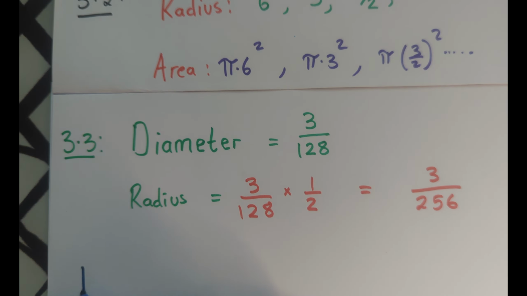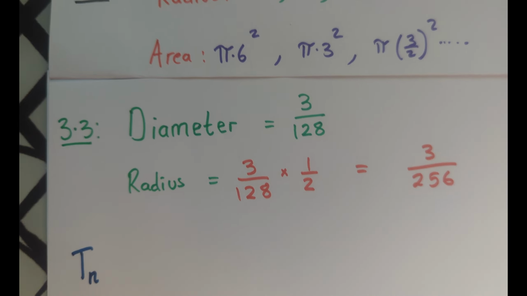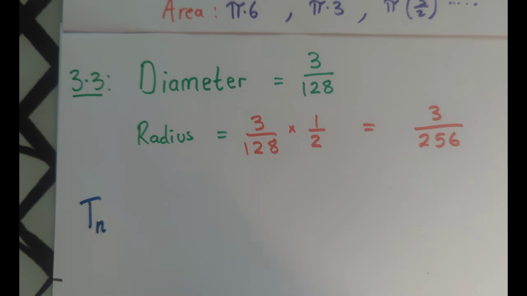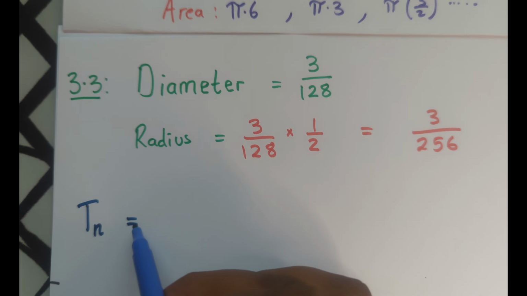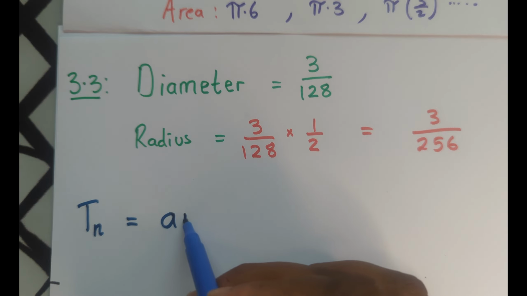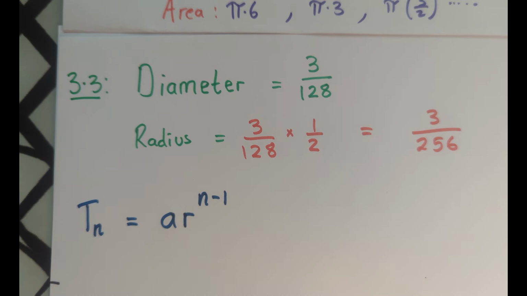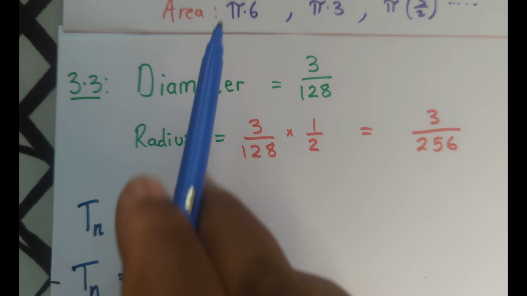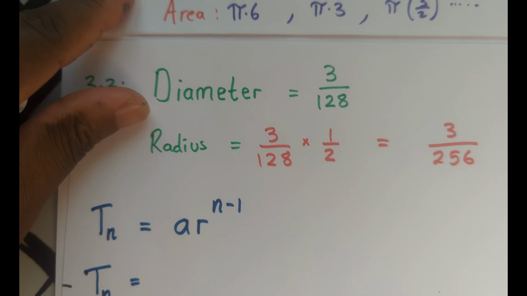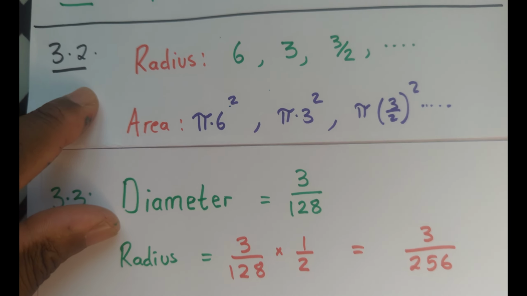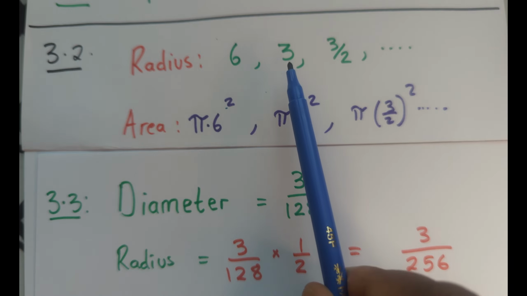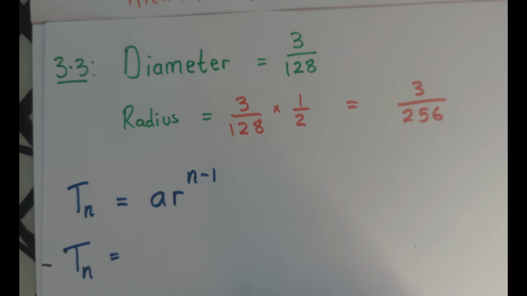We know that the Tn, the general term of a geometric pattern, is a into r to the power n minus 1, where a is the first term. So we want to find Tn with our a as 6.